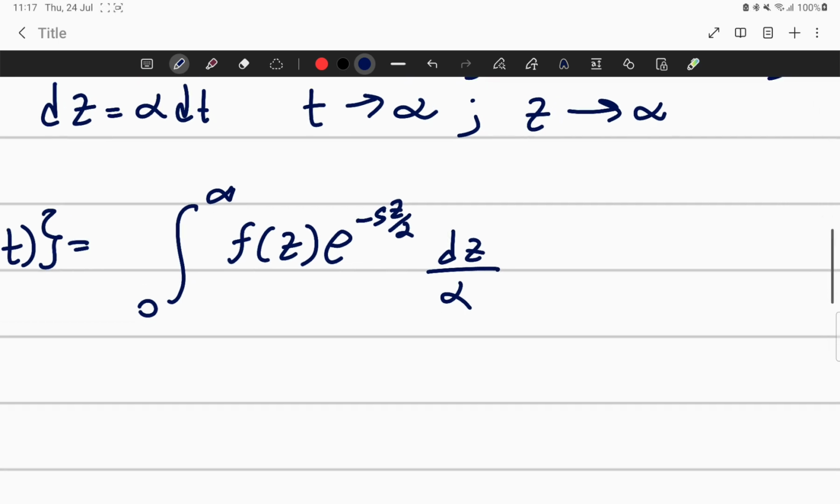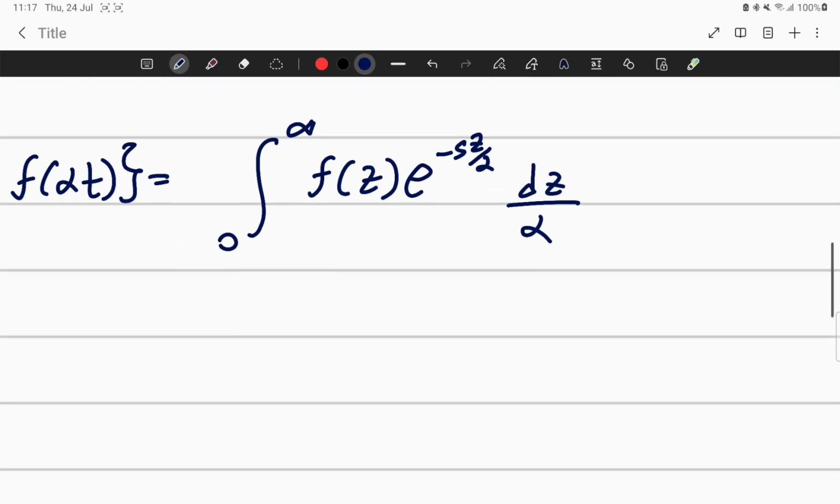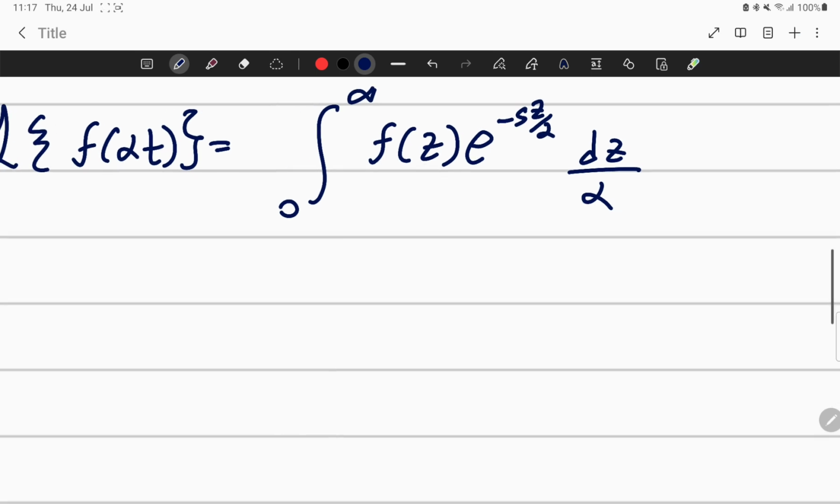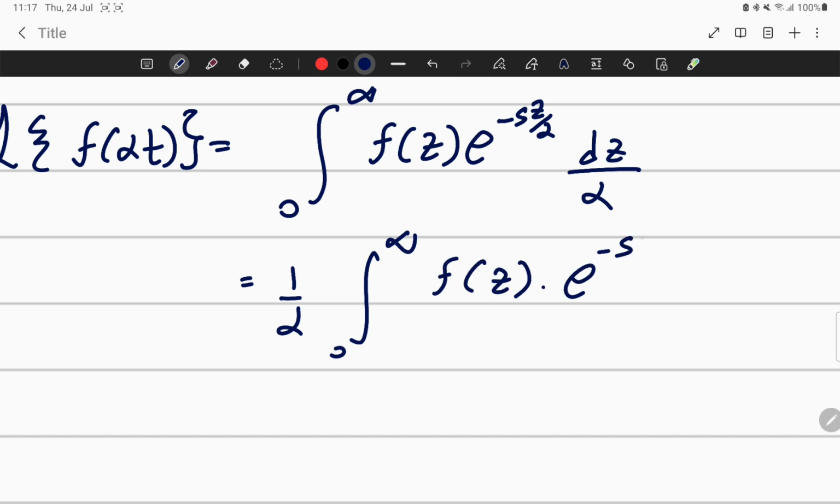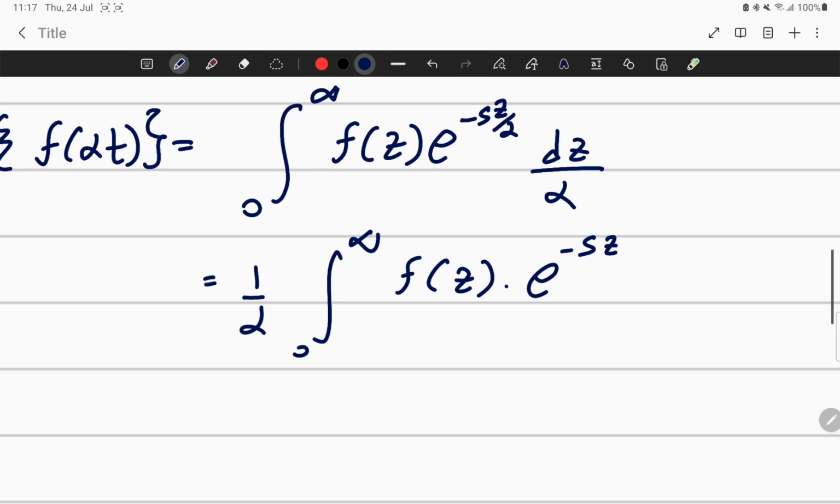Now I'm going to take 1 over alpha outside the integral. So this is 0 to infinity f(z) e to the minus s z over alpha, dz.